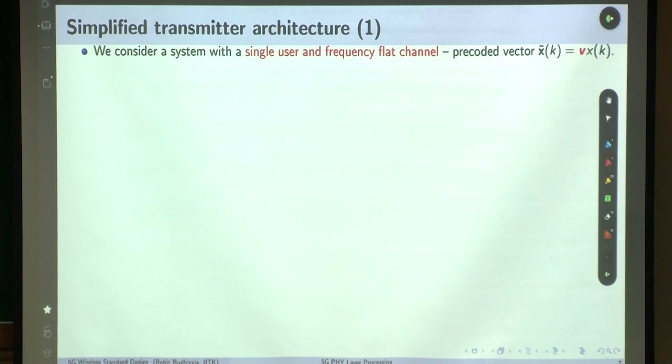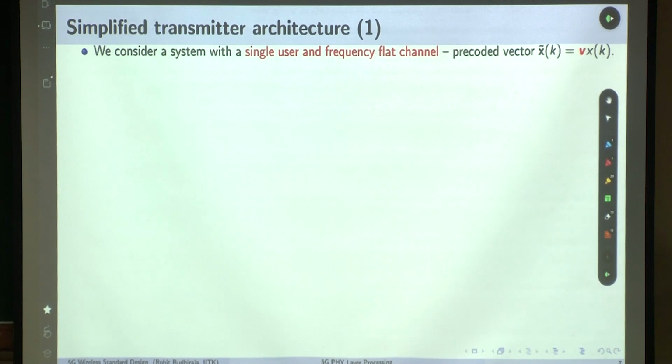Another reason is if you are supporting multiple users across PRBs, multiplexing users. That I am also not doing. So this precoder can be constant across the entire band of 400 megahertz. This is a crucial change in implementing a simple architecture.